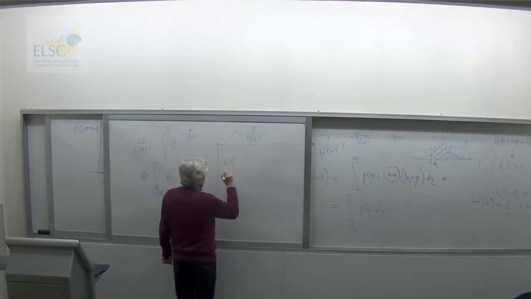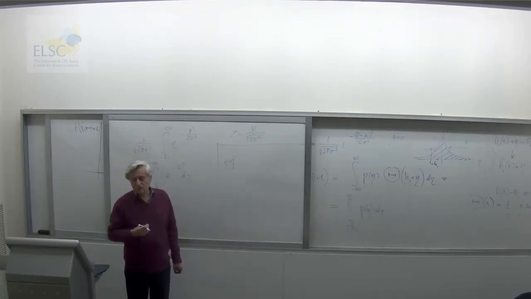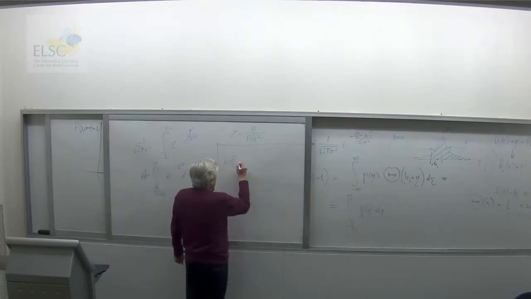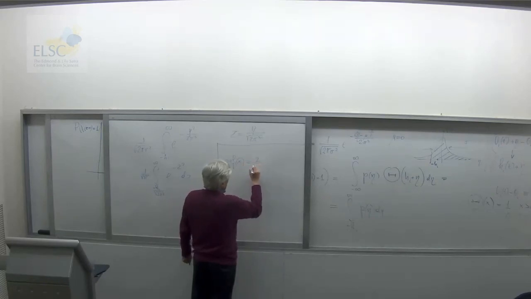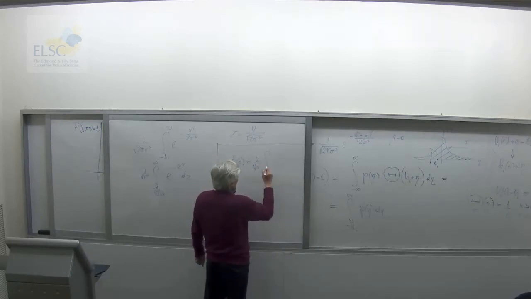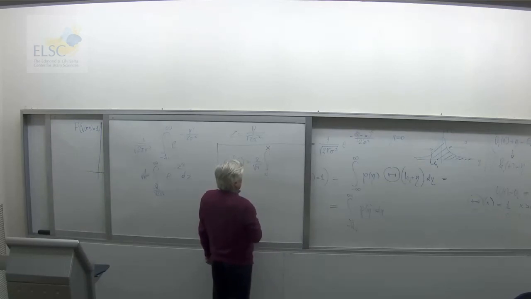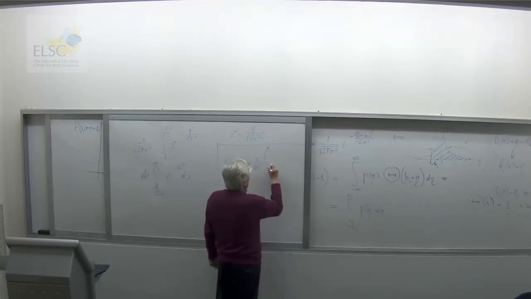It is the error function, erf, which plays a central role in probability theory. erf x is defined as 2 over square root of pi times the integral from 0 to x of e to the minus z squared dz.